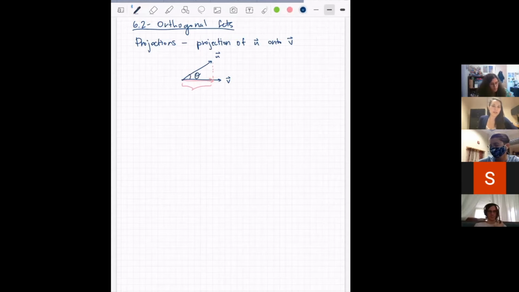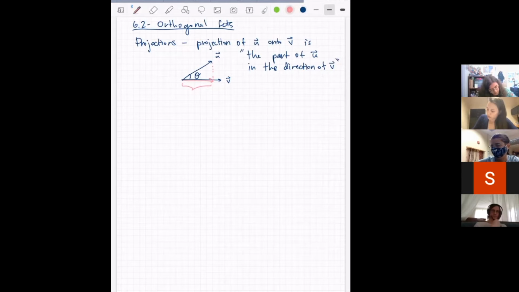Say the angle between those is theta. This is imprecise, but it is going to be the part of U in the direction of V. Right?